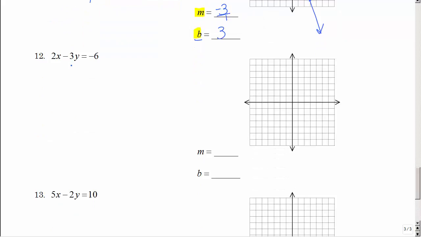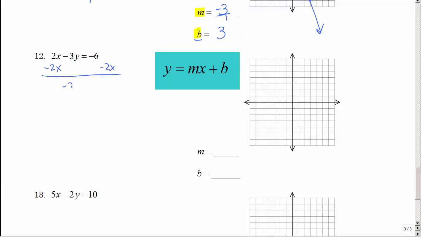Okay, so I need to get y by itself. So I'm going to subtract 2x. Then I have to divide by negative 3. So instead of drawing one big long line, I'm just going to divide each part by negative 3. So negative over negative is positive. Negative over negative is positive. And again, if I want it to look like y equals mx plus b, I just need to rearrange it.